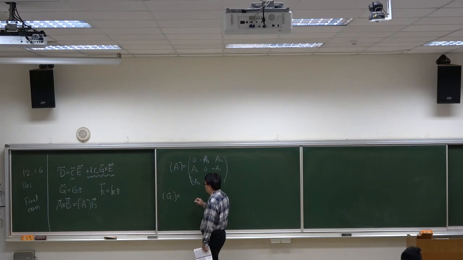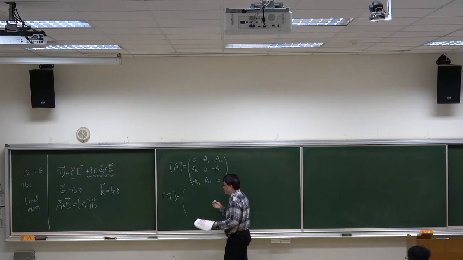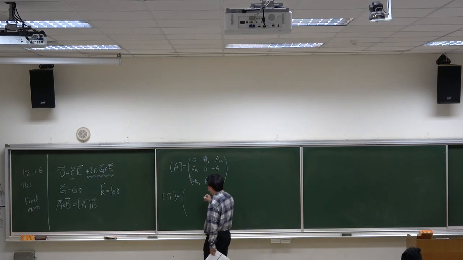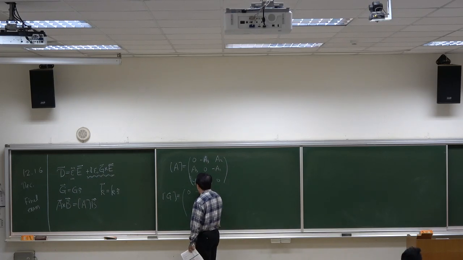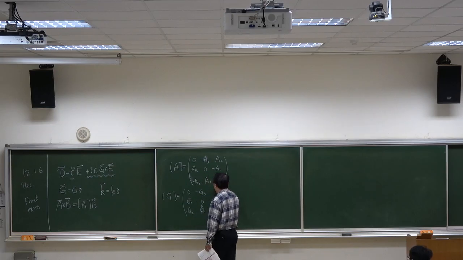G matrix is defined according to the G vector: minus G3, G3 minus G2, G1, 0, G2 minus G1.